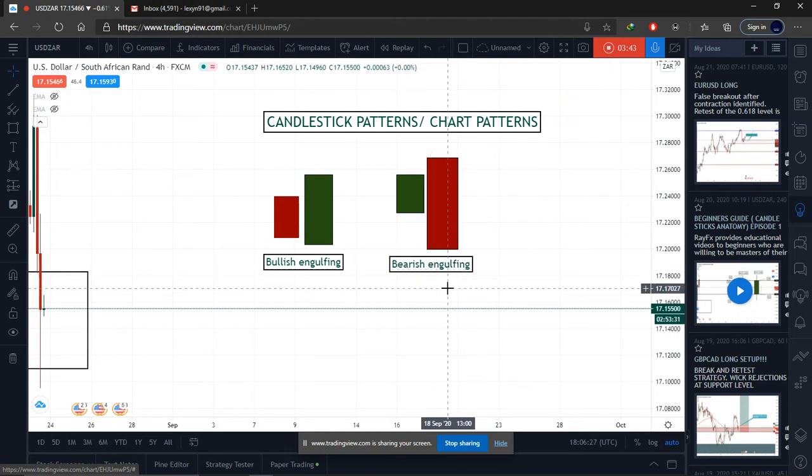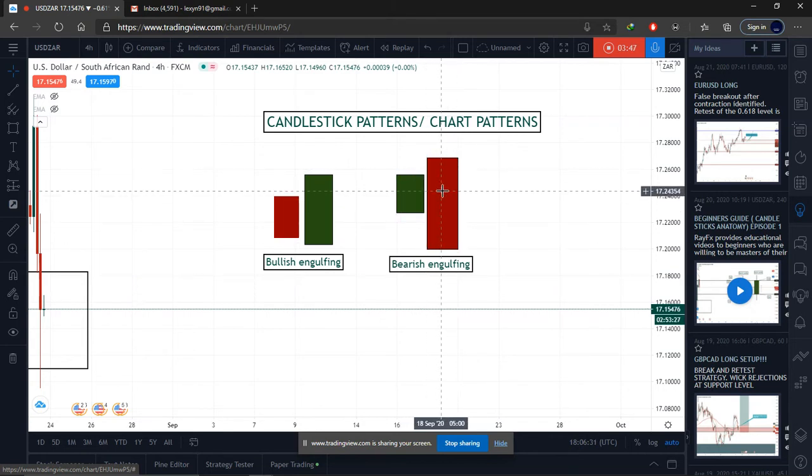What this also means is that the bears, those who push the market down, are stronger than the bulls now, and they are capable of pushing the market further.